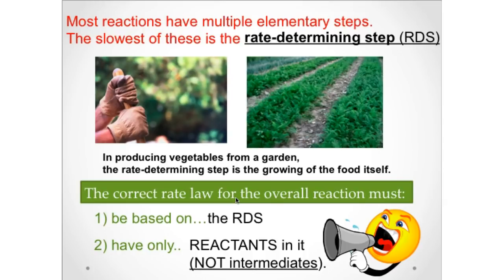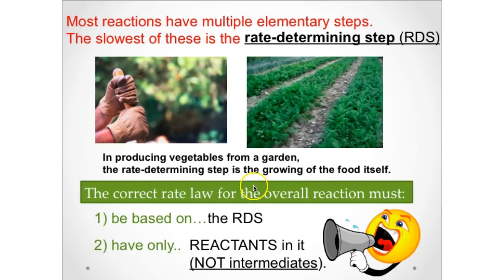It's easy to put water, nutrients, nitrogen or fertilizer. It's easy to tear out the vegetables. However, the difficult part is for the food to grow. So the growing of the food is the slowest, and two, it's the rate determining step, because the growing is what determines whether you're going to produce fruit or not.